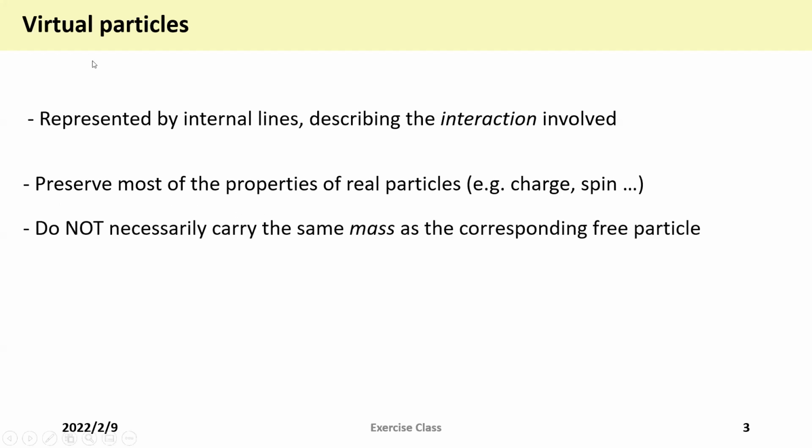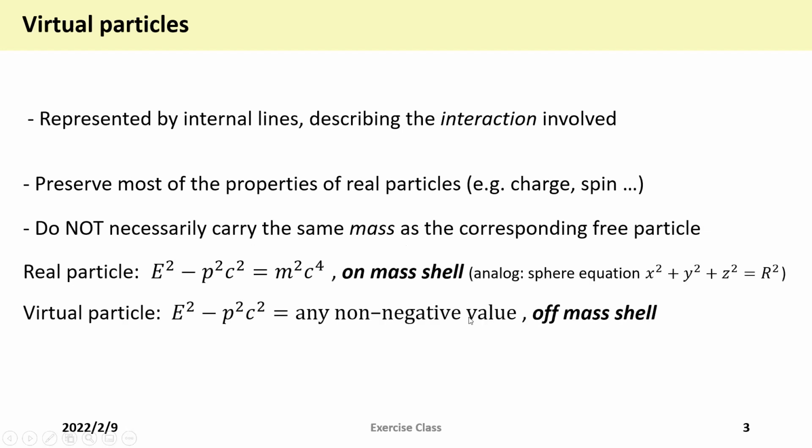The main difference between a virtual particle and a real particle is that virtual particles do not necessarily carry the same mass as the corresponding free particles. This is the only difference between virtual particles and real particles. There's even a phrase to describe this: we say that real particles are on mass shell and virtual particles are off mass shell.